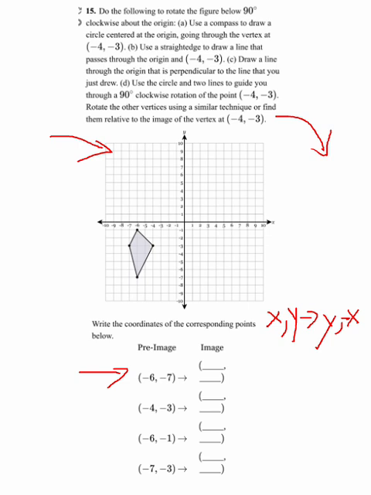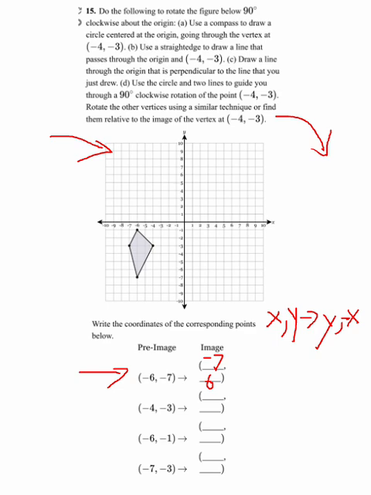So your x now is -7, and your y now is +6. Notice we did not change the sign of -7. That stays -7. We're only changing one sign, and that was -6. We're changing that to +6.